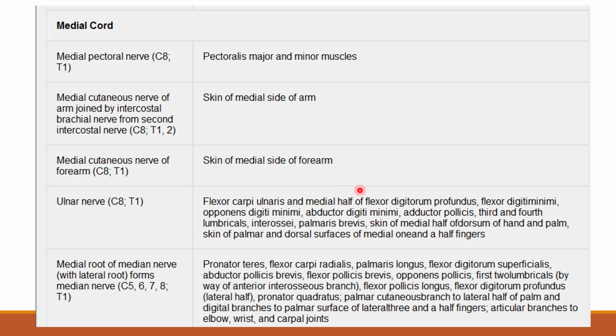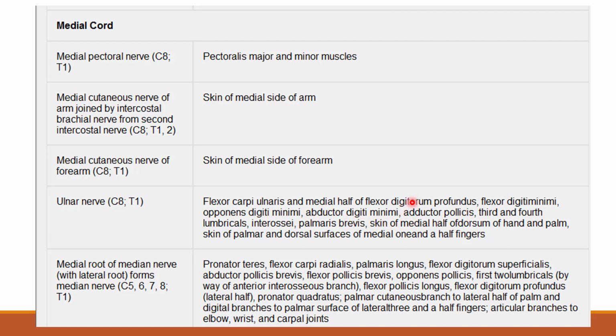So it is very, very important that it supplies two muscles of the anterior compartment of the forearm, which are the flexor carpi ulnaris muscle and the medial half of the flexor digitorum profundus muscle. Then it will supply many hypothenar muscles, which are flexor digiti minimi, opponens digiti minimi, abductor digiti minimi.